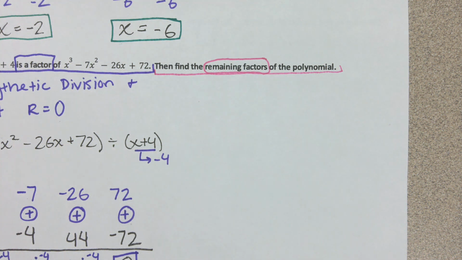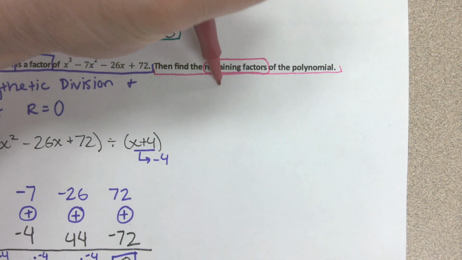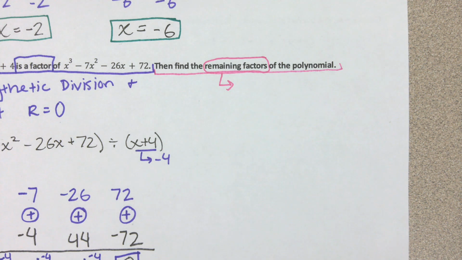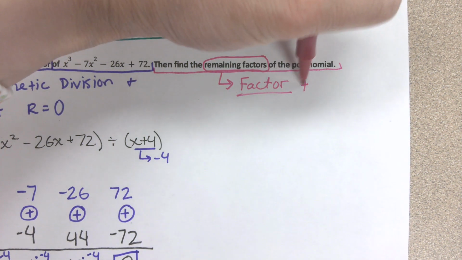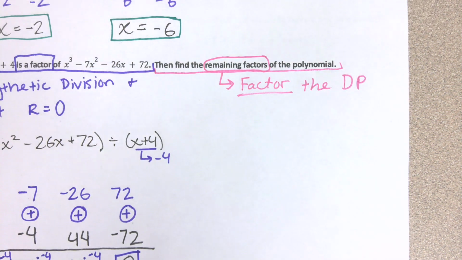When it says find the remaining factors, the word factors tells you right there you're going to factor, that's it. Factor the DP. That's all you do from here. Once you do that, you're done.